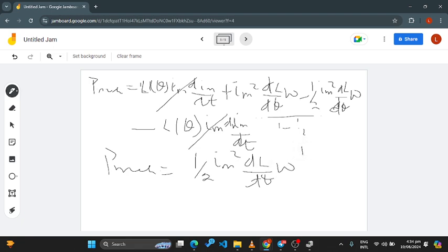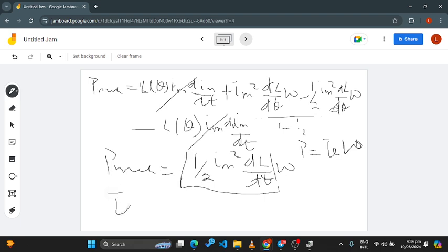But we know power is equal to torque times speed. So if the mechanical power is half Im squared dL/dθ times omega, we already have omega here. It means whatever we have here is for the torque.